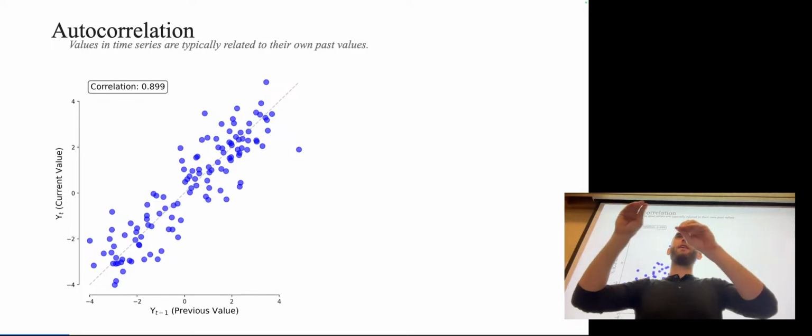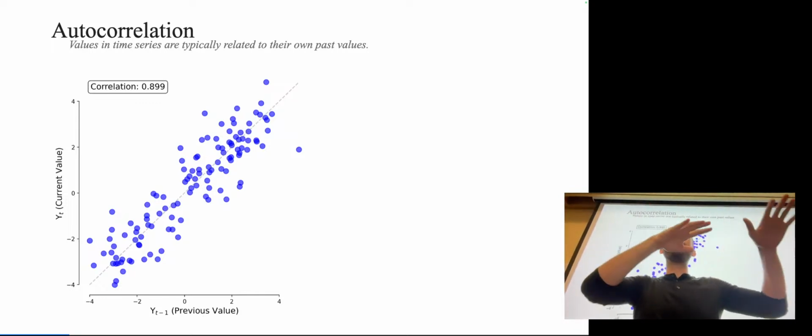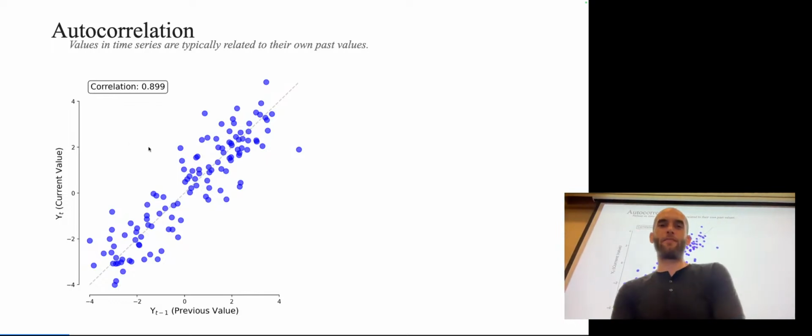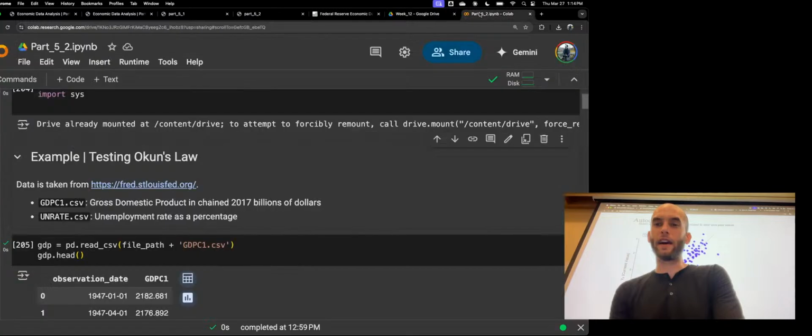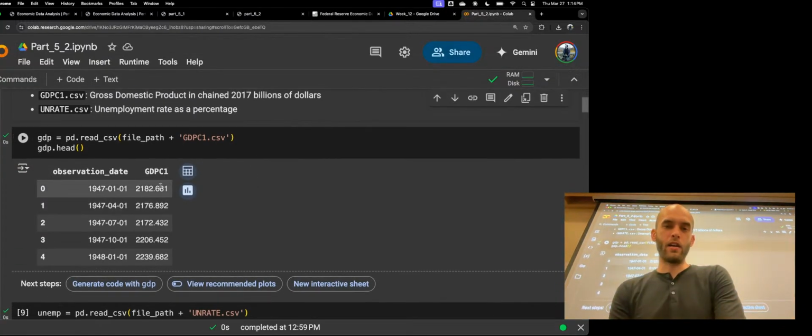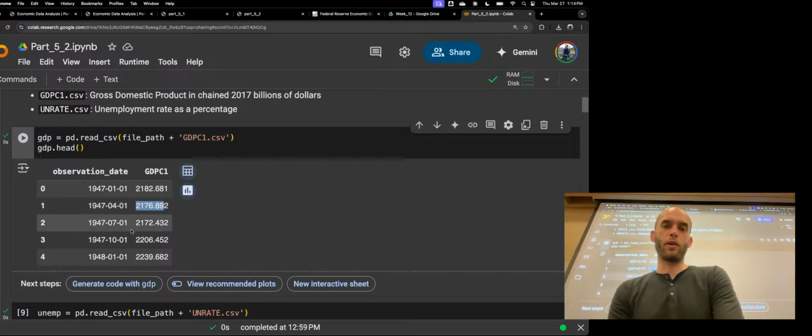So what we get are correlated movements in our data set. If I draw the current value today, it's going to be very closely related to the data point before. So just in our data, you can see GDP values are very similar quarter after quarter, which tells us there's the possibility of autocorrelation in our data.